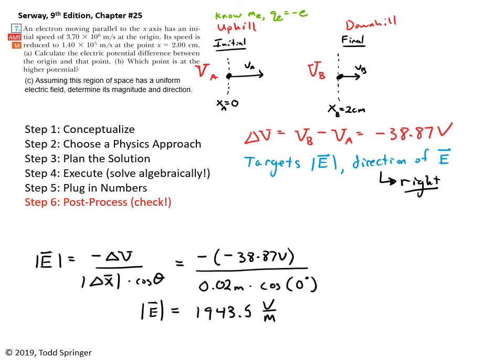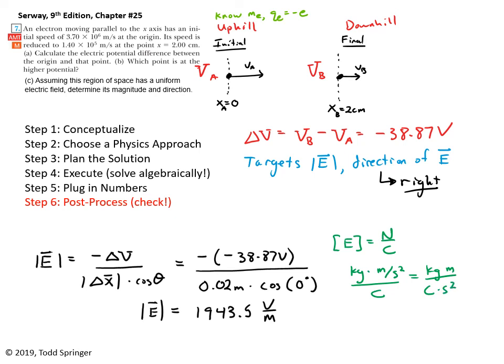Finally, let's do some checking. There's a couple things we can check. One is the units and one is the sign. You might want to remember that the units of electric field are Newton per Coulomb. So that's kilograms meters per second squared per Coulomb, or kilograms meters per Coulomb second squared.